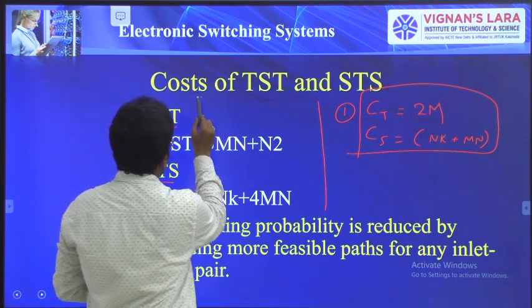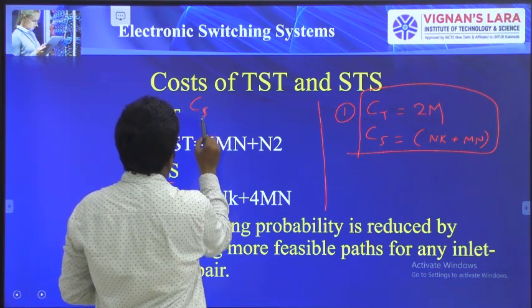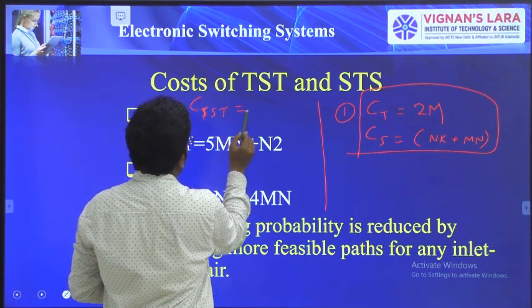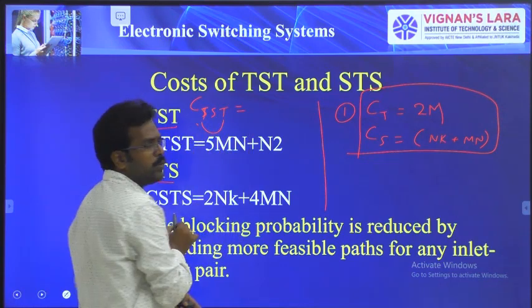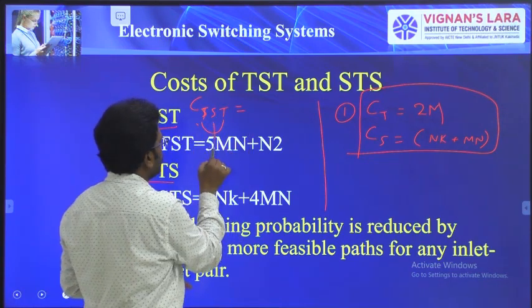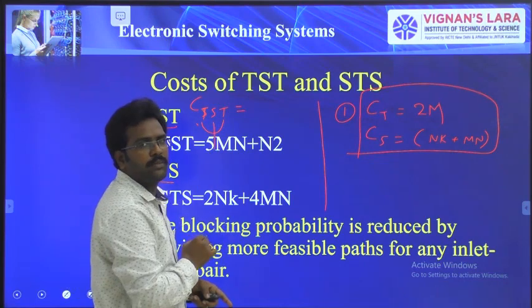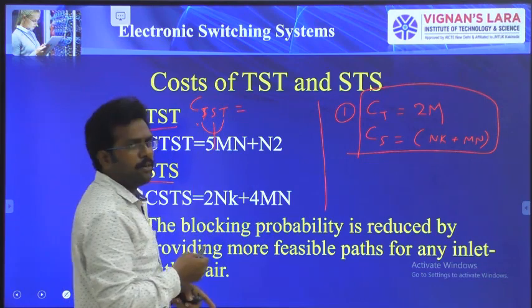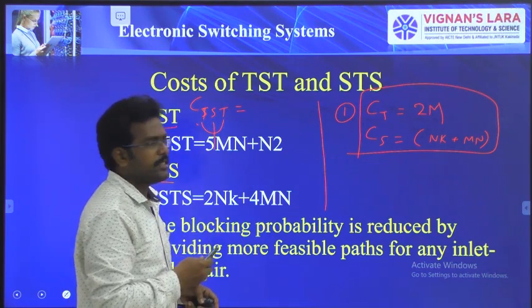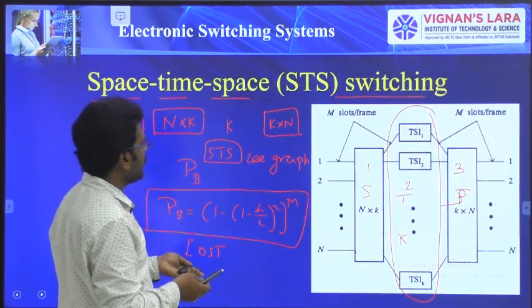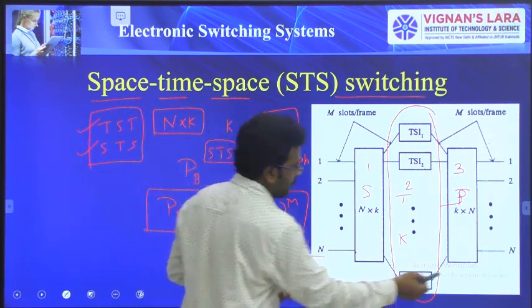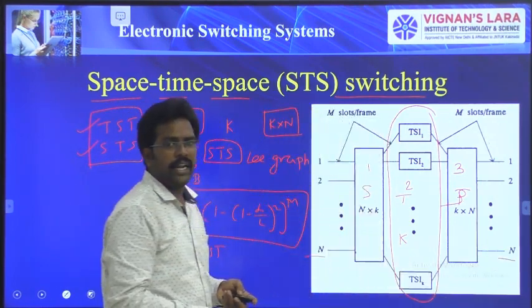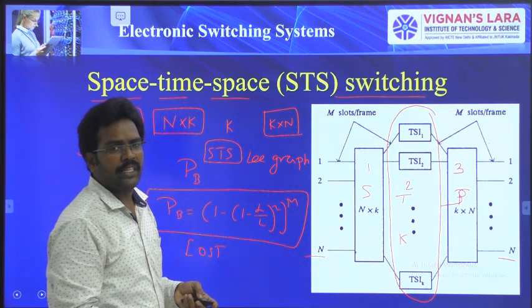For the cost of TST, it contains 2 time switches and 1 space switch. How many inputs are there? I am taking N. N inputs and N outputs are there.